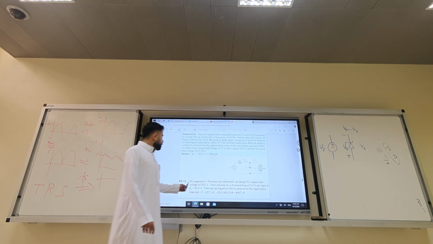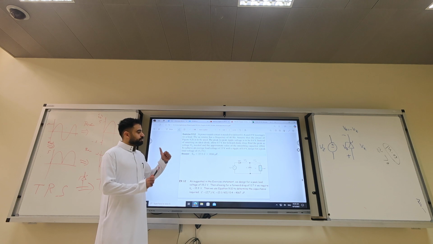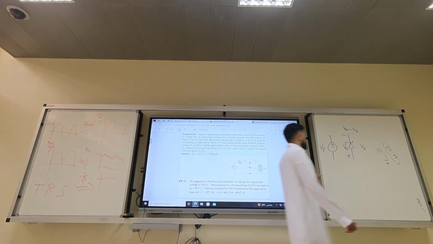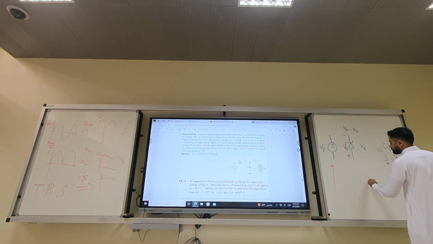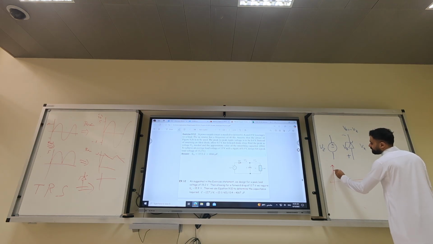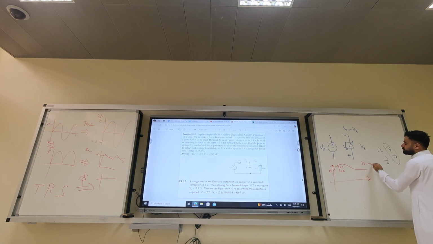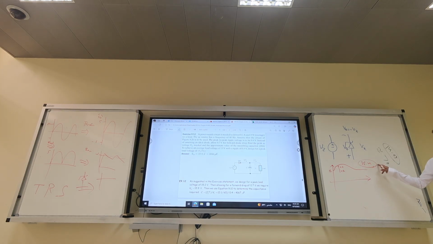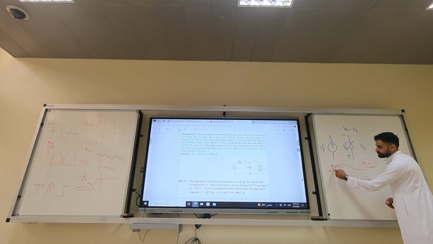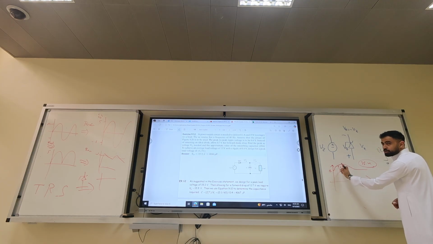We design for a peak load voltage. So we have 15, then we have a ripple of 0.2 up, 0.2 down.